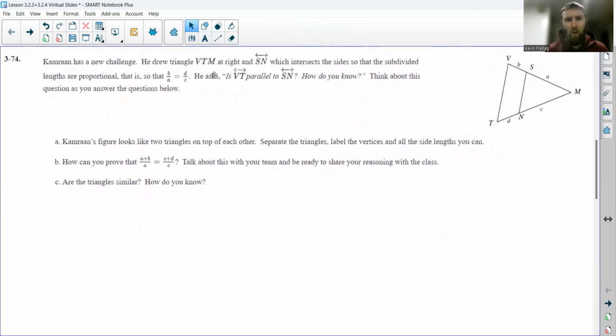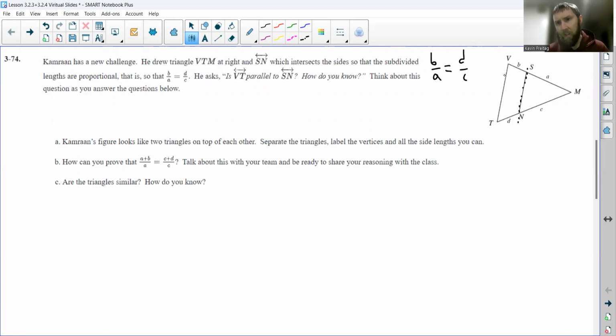All right, so he has this big triangle over here, triangle VTM, and he has drawn a line S to N right here. It intersects the sides so that the subdivided lengths are proportional. What that means basically is B divided by A is the same as D divided by C, okay?